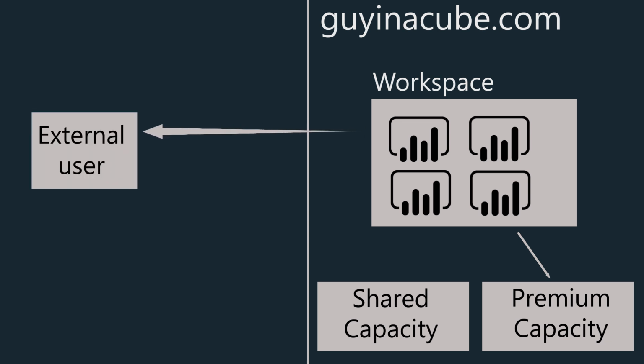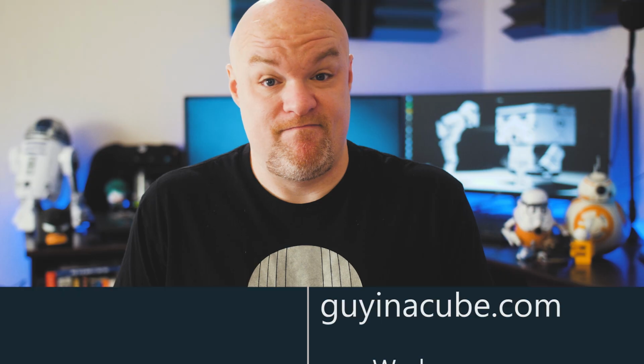What happens when that external user goes to look at the dashboard and underlying reports? They're using premium capacity. It's backed by premium. Premium's about content, not the users. So in this case, if we want to restrict external users from using our premium capacity, don't share items backed by premium to external users. There's a couple different ways you can do that.